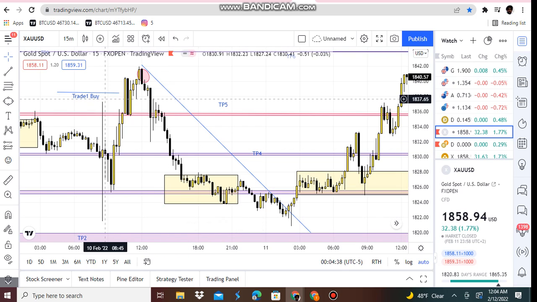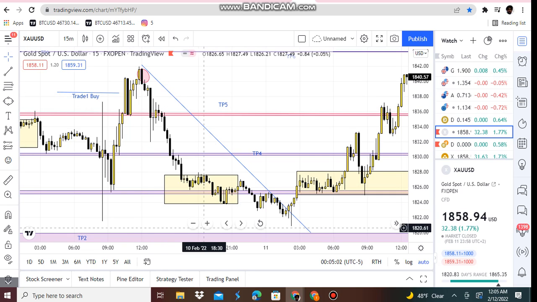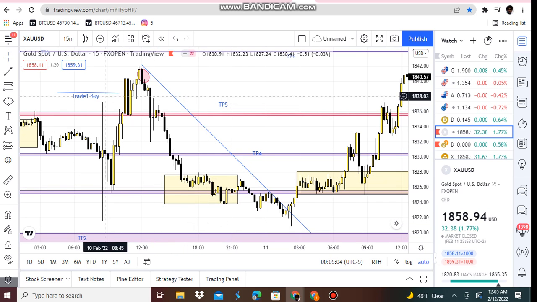And with the lot size you're using for your entry, if you got in for a $2, $5, or even $1 lot size and you only have $500 or $300 in your account, and price goes against you and stops you out and takes all your money, you could have lowered the lot size.